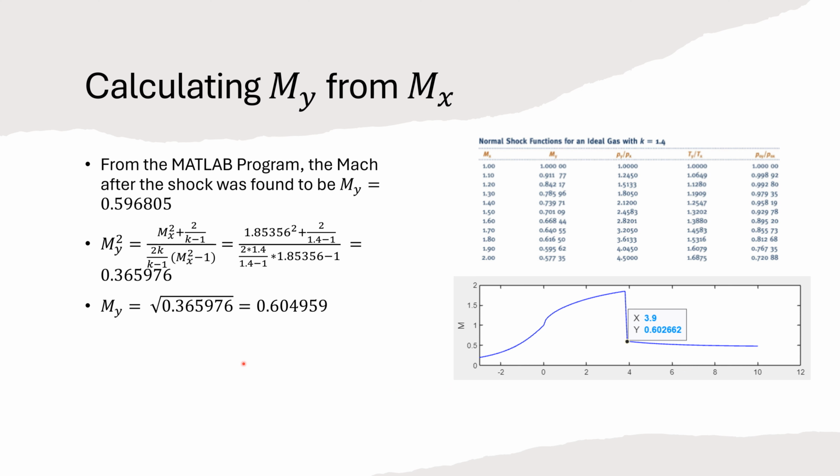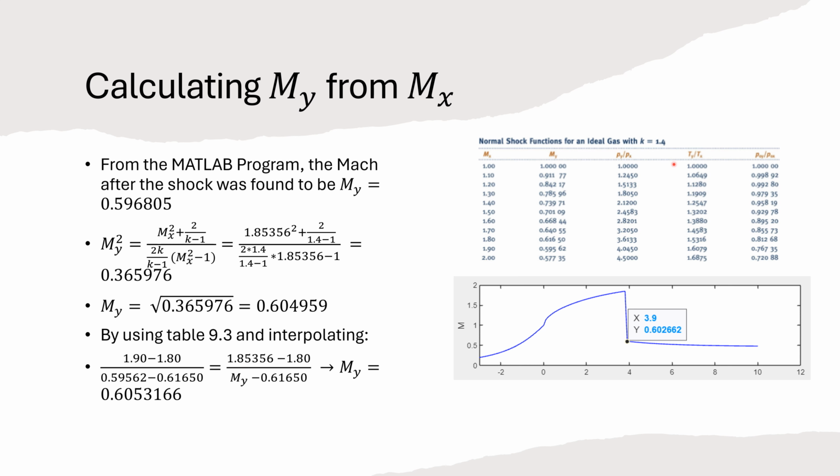Now, the second approach that we're going to take is an iterative approach using the tables, specifically table 9.3, and interpolating. So using this table over here between the values of 1.9 and 1.8, we can interpolate to find My directly.